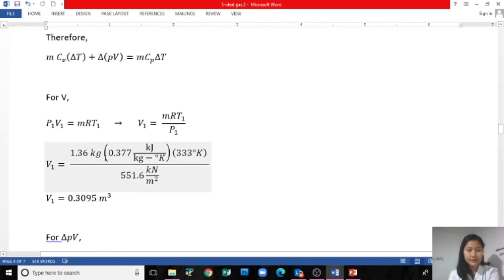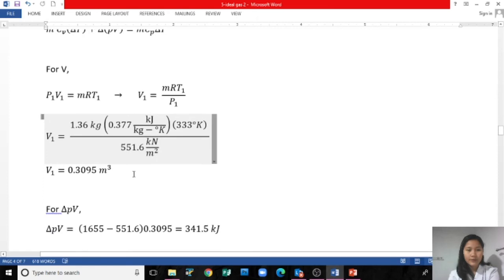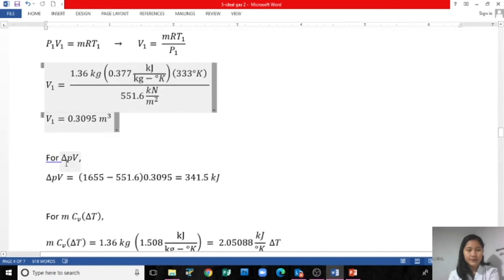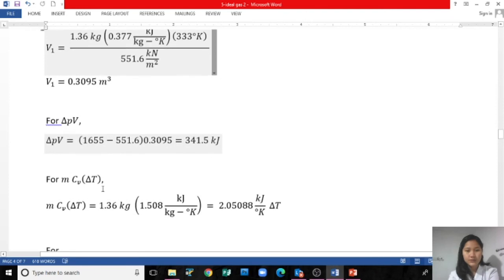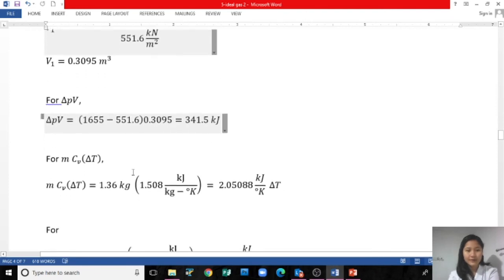Substituting all the given to the equation, we now have the value of V1, which is equal to 0.3095 cubic meter. Now for delta PV, we have the value of P sub 2 minus P sub 1, times the previously calculated volume. Performing the operation, the delta PV is therefore equal to 341.5 kilojoules.